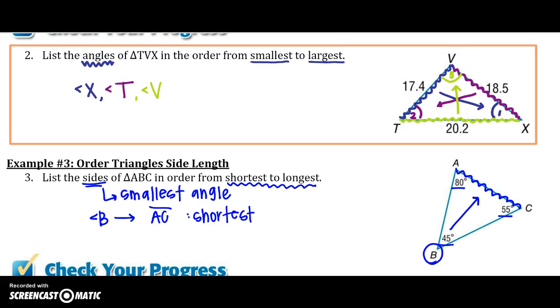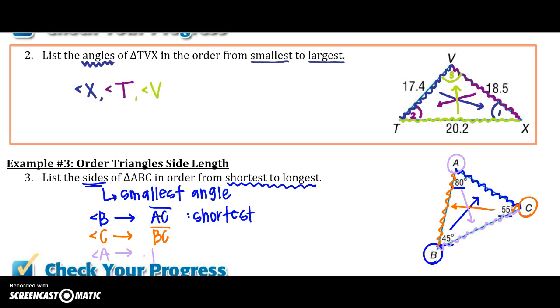You'll get a feel for these things. Next is 55. I know 55 is smaller than 80, so angle C would be the next smallest angle, which is across from side AB. Then last, I'm going to look for the biggest angle, which is angle A, and across from that is the largest side, BC.